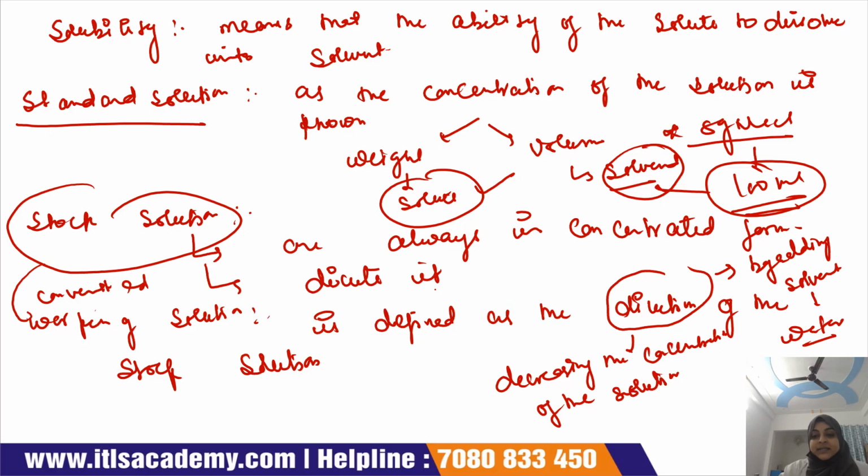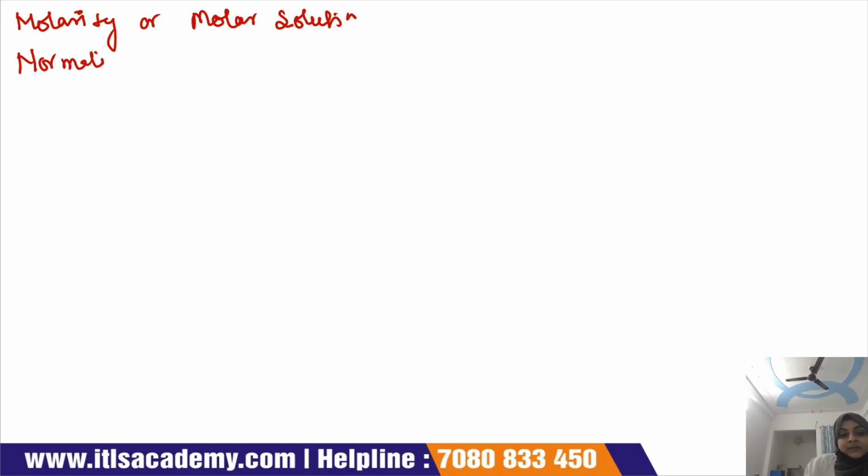Now the next is the types of solution, or how many types of solution we can prepare. First is molarity or molar solution. Next is normality or normal solution.